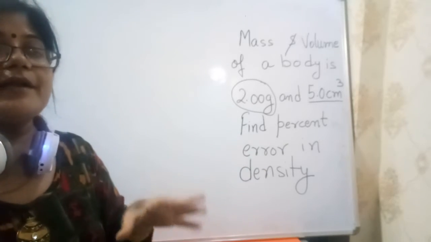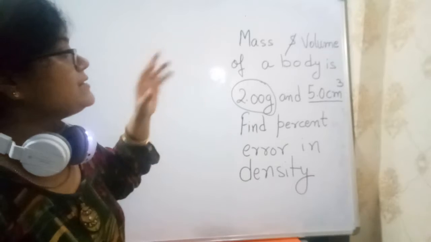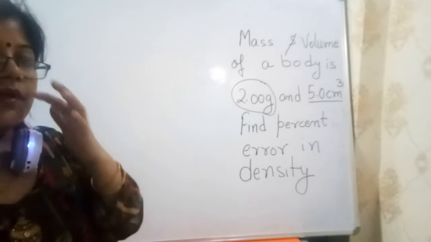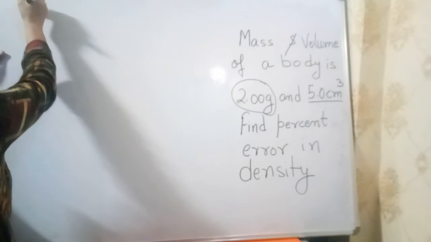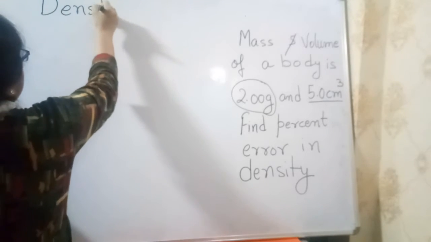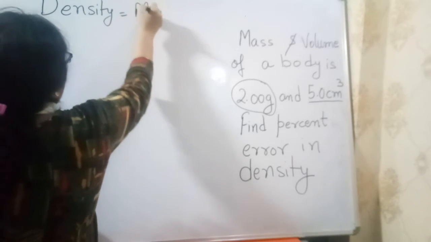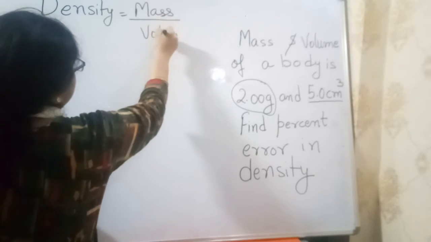We have to find the percentage of error while calculating the density of a particular body. Firstly, I told you earlier, just write the formula as the first step. That means density is equal to mass per unit volume. Clear?